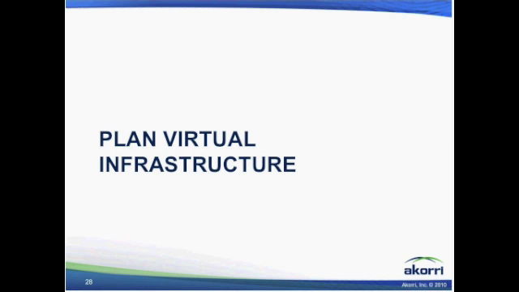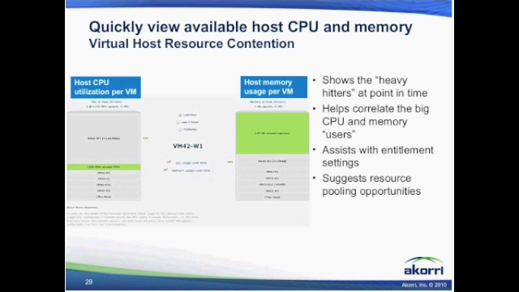The third value I'm going to talk about is capacity planning and how you use BalancePoint to do that. One of the ways we help users with capacity planning is through the virtual host resource contention feature. This produces a unique visual that represents a valuable averaging interval summary of actual host resource utilization by VM.